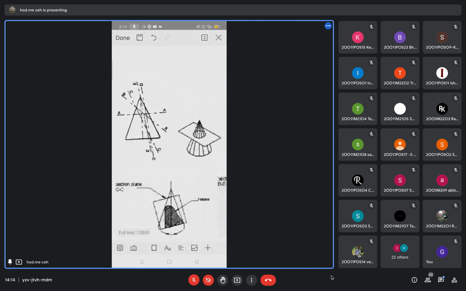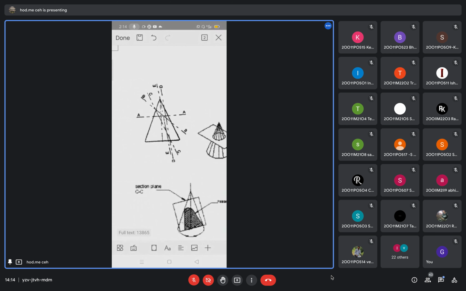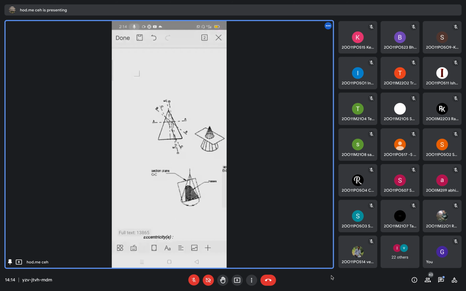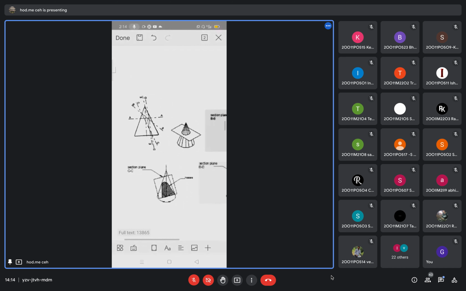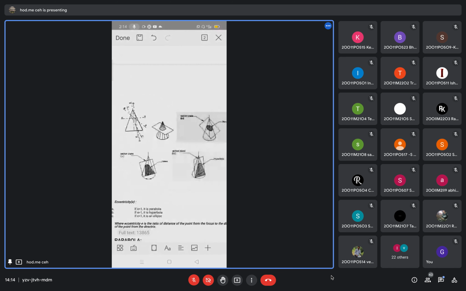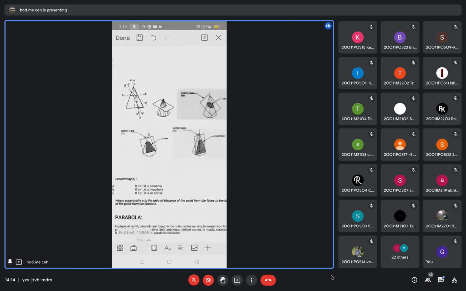In the first one, AA is perpendicular, and the perpendicular cut gives the intersection, the circle. This is BB, the inclined angle. The inclined angle gives the ellipse. Okay, all of you see the diagram for the problem.